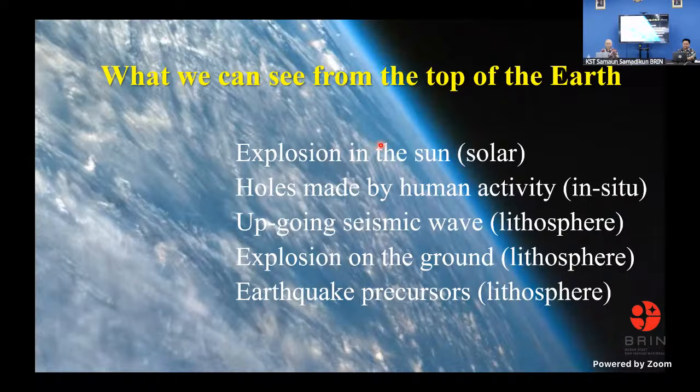This has nothing to do with the lithosphere; this is a solar phenomenon. And there is sometimes a hole, an empty region, made by human activity, for example, the launch of a rocket. This is also not related to the lithosphere. So I will call these in situ phenomena, phenomena that occur within the ionosphere.